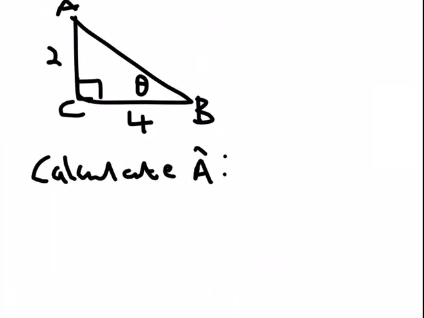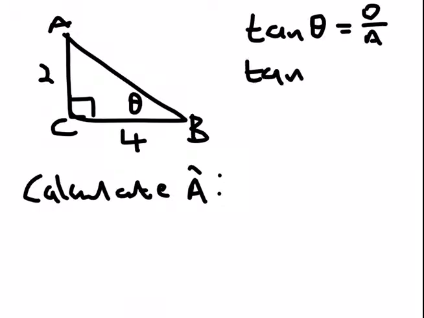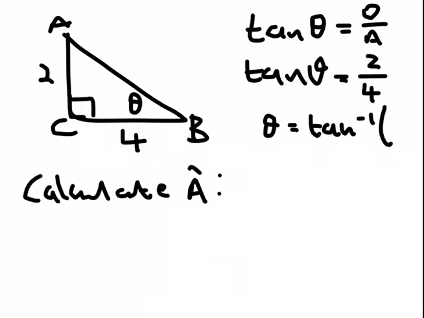Maybe let us see how we can work it out. By now, I can see that I have opposite, I have adjacent. The trigonometric ratio to use is definitely going to be tan. Tan of an angle equals opposite over adjacent. So tan of the angle equals opposite being 2 over adjacent being 4.